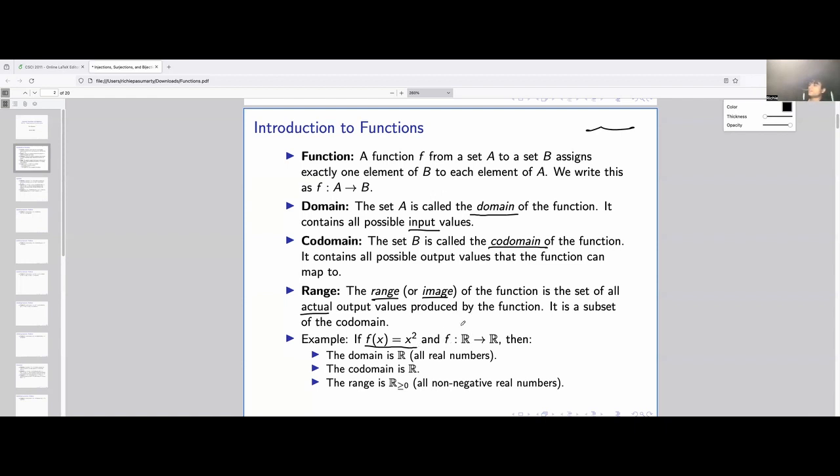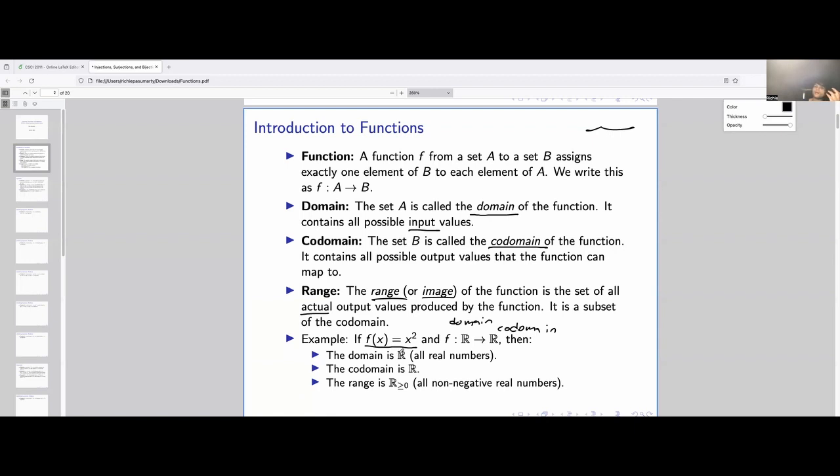Okay, so let's say I have a function, f of x is equal to x squared. This function takes a real number and outputs a real number. So we would say that the domain of the function is the set of real numbers, and the codomain of the function is also the set of real numbers.